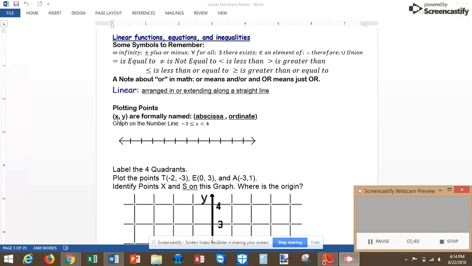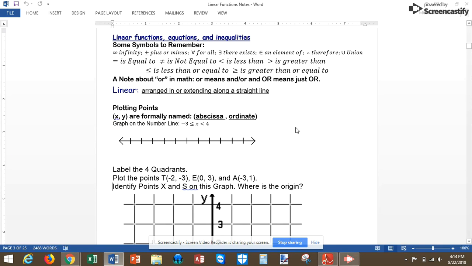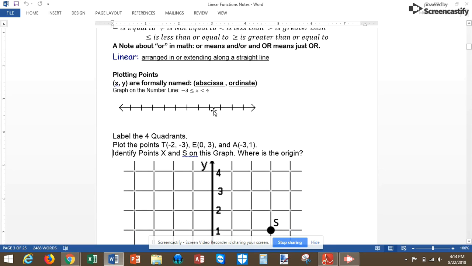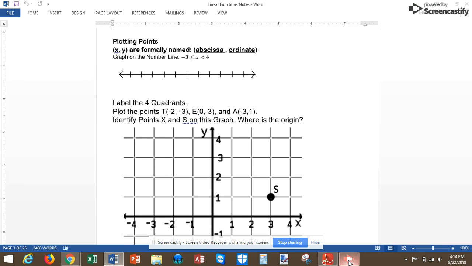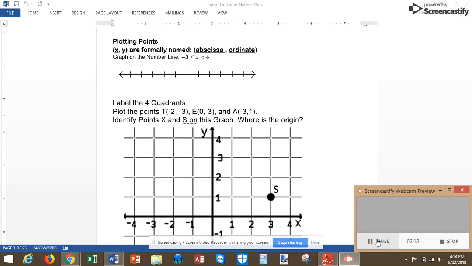Plotting points. So parentheses x comma y close parentheses are formally named abscissa and ordinate. So try these examples, pause the video, graph this on the number line: -3 is less than or equal to x, which is less than 4. We'll go ahead and talk about these examples later on in class.